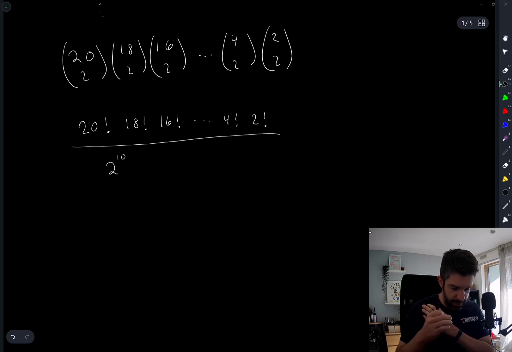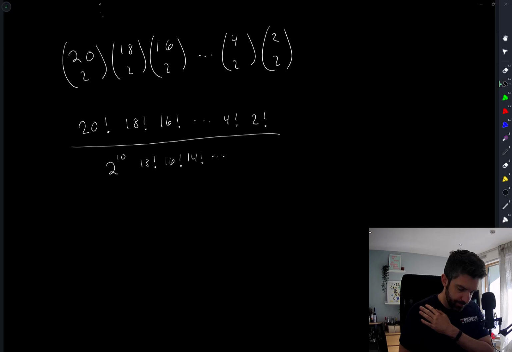But then I also have 18 factorial. That comes from the first term. 16 factorial, 14 factorial. This gives me a 2 factorial, and this gives me a 0 factorial, which is 1.